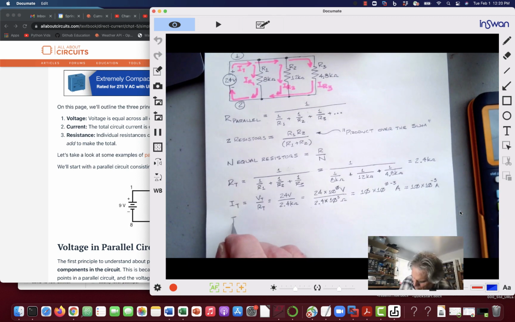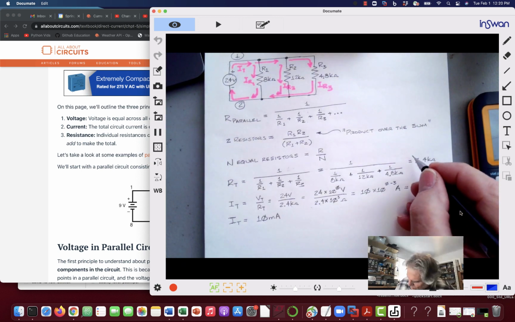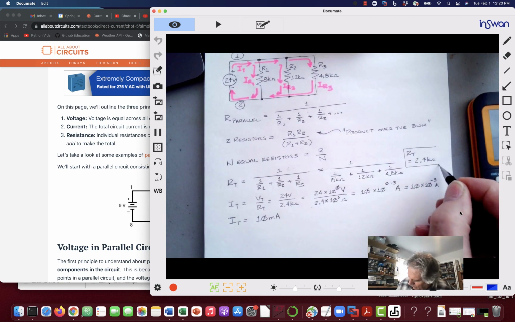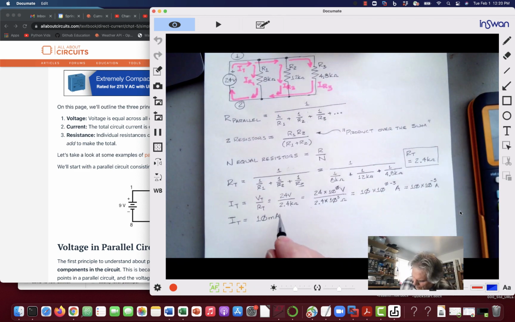And so I total, we happen to know that 10 to the minus 3 amps is 1,000th of an ampere, or 1 milliampere. So I total is equal to 10 milliamperes. Okay. And so this guy here is RT. And this is IT.